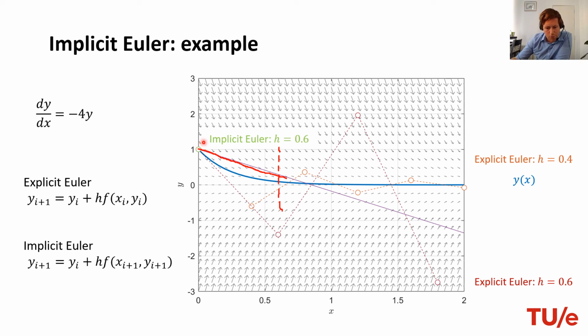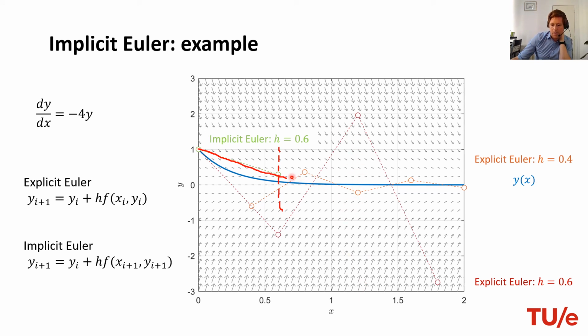So then the new solution will be here at this point where this purple line crosses the vertical line with x is 0.6. So that is exactly there. And then starting from this point again, we go to x is 1.2. So that's somewhere around here.